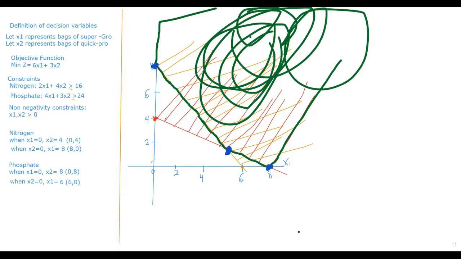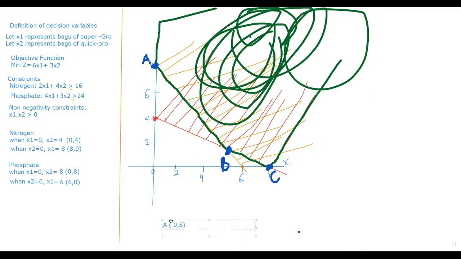So A is what? 0 and 8. So let's name here A, B, then C. So this one is what? x1 is 0, x2 is 8. So with the A, we are having 0, 8, right?